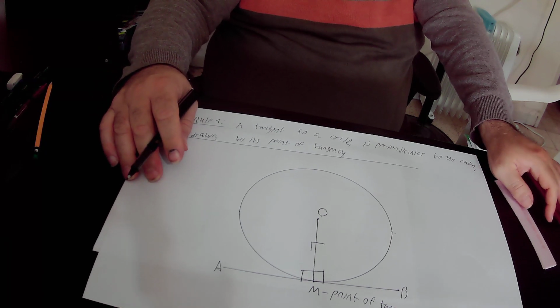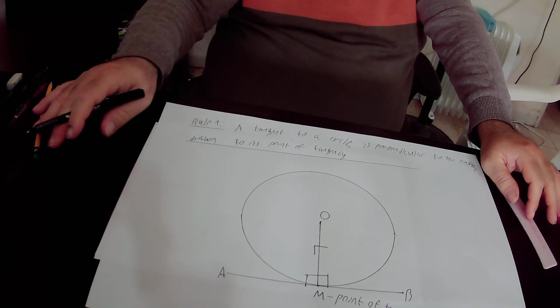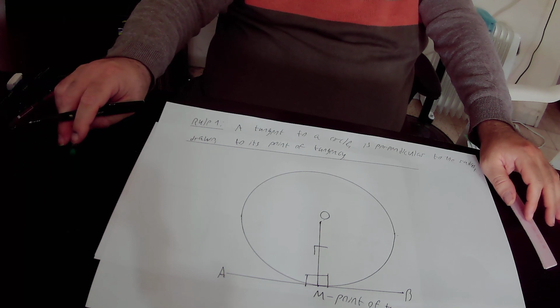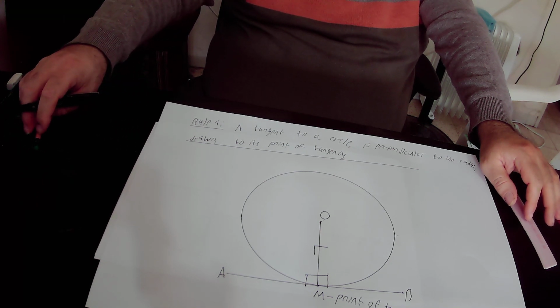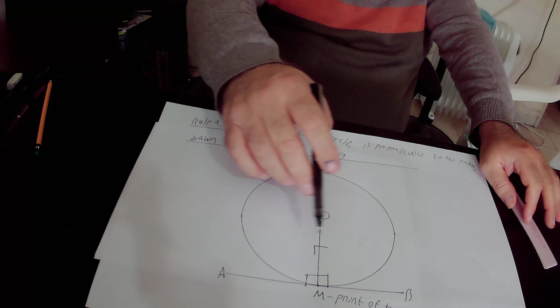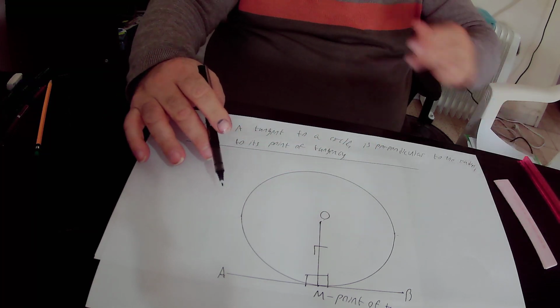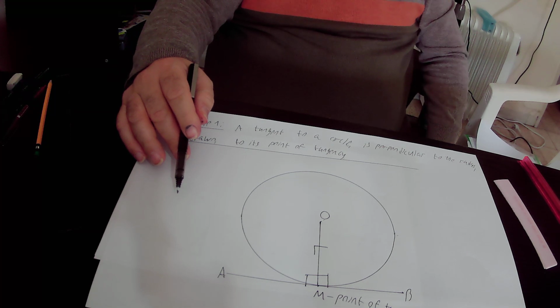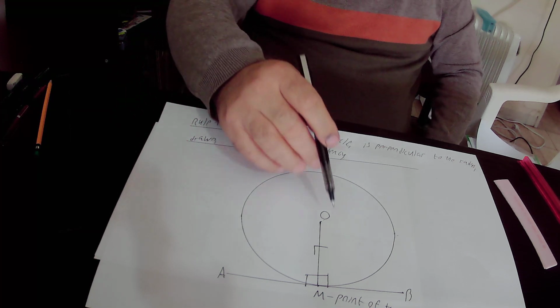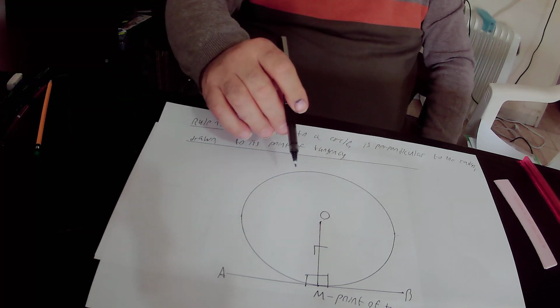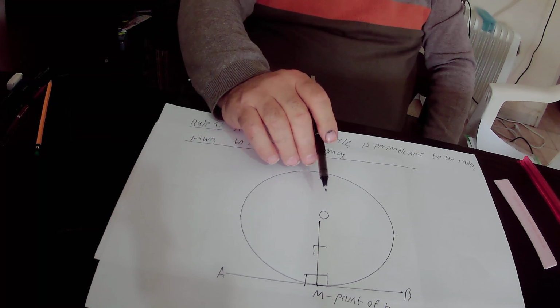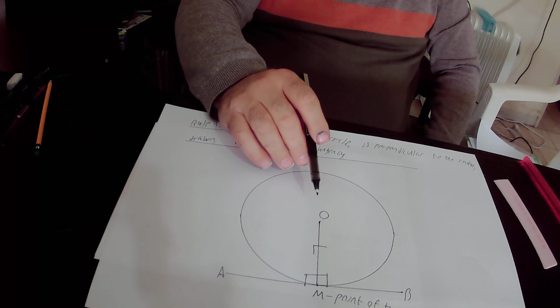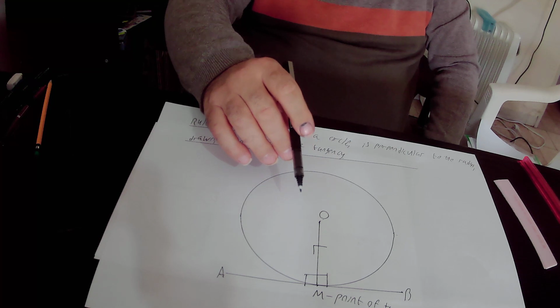So I read rule number 1 again. According to rule number 1, a tangent to a circle, that is to say tangent AB to this circle, is perpendicular to the radius drawn to its point of tangency. Here the radius OM is drawn to point M, that is the point of tangency of tangent AB with this circle.